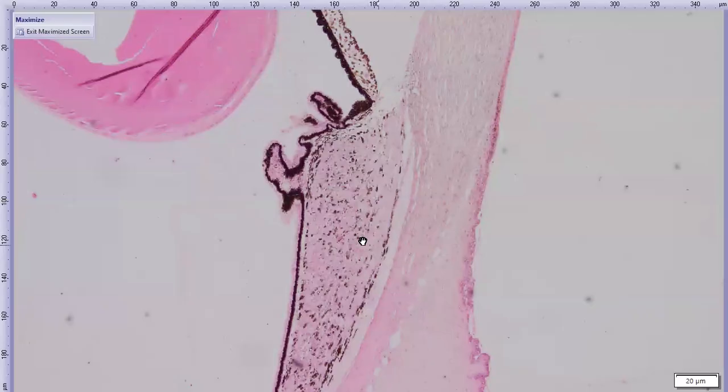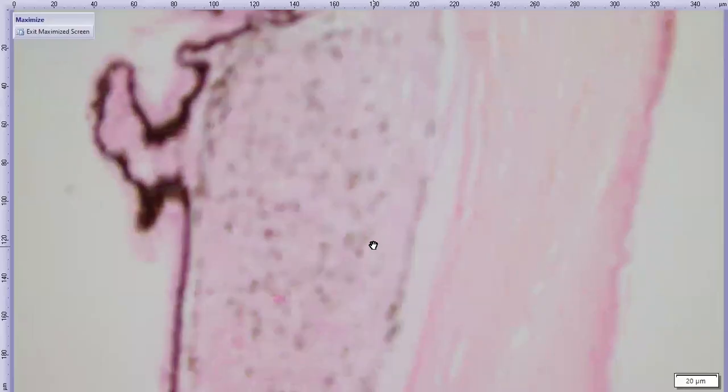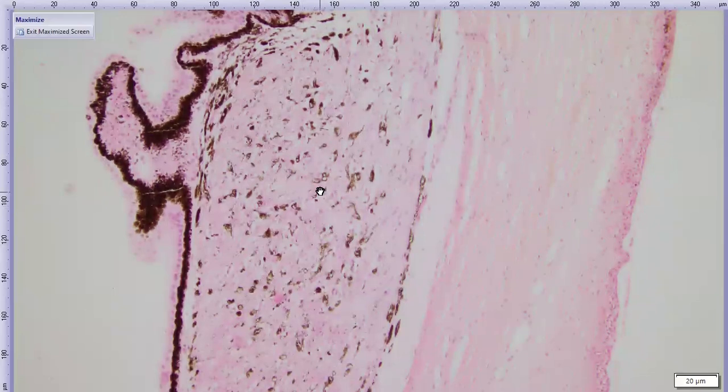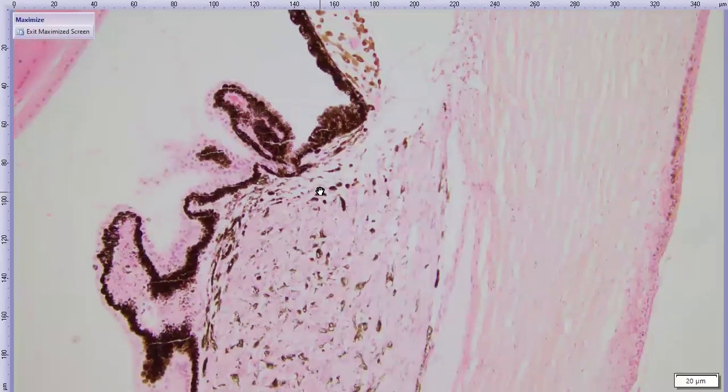Let's draw an arbitrary line about here, and then we'll go to a little bit higher magnification. And we'll look at the smooth muscle fibers. If we go in front of that arbitrary line, the muscle fibers center on an area here, and that is directly attached to the trabecular meshwork.